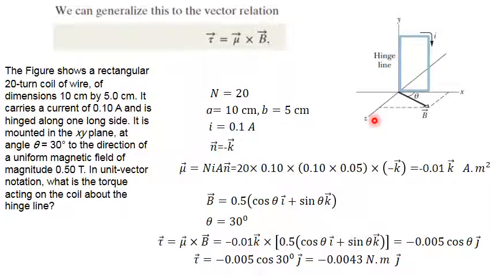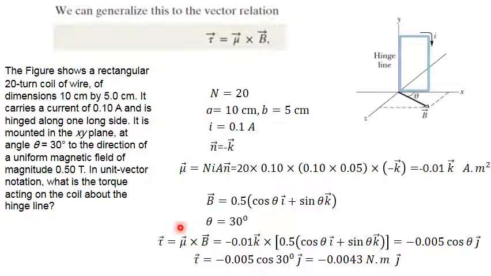So we can resolve this vector quantity into an x component and a z component. So the magnetic field vector B would be 0.5 multiplied by cosine theta in the direction of x, i, plus sine theta multiplied by the direction k in the direction of z. And theta here is 30 degrees.